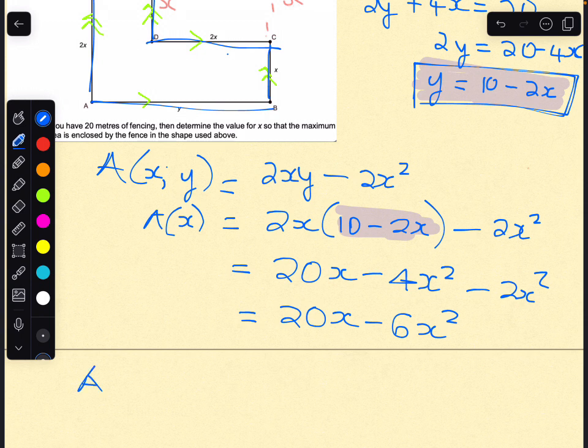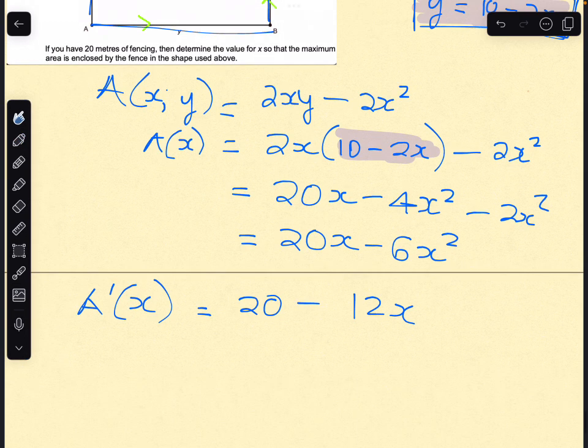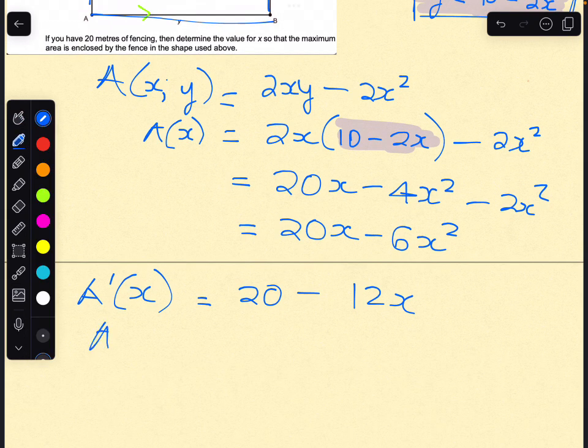Okay, so now to see when our area is at a maximum, and again we can see that the area function is a sad parabola, so it does indeed reach a maximum value. So we want to see which x value maximizes it. So we take our first derivative, and then we solve this equation.